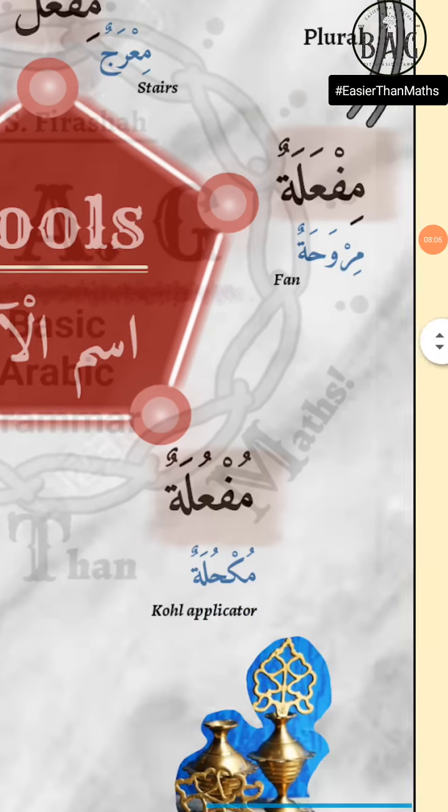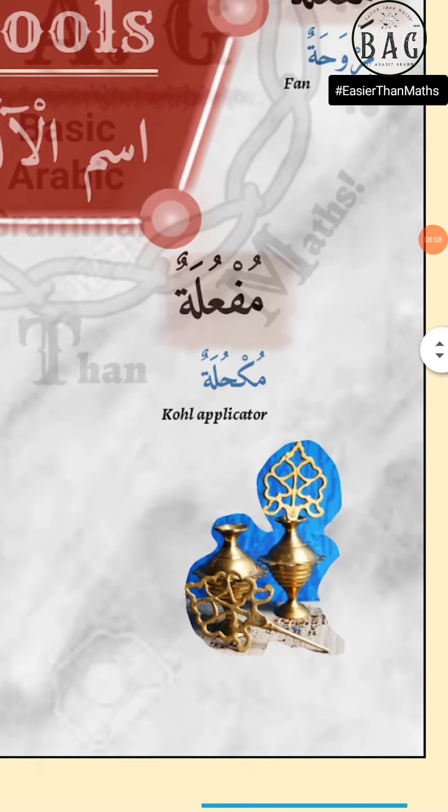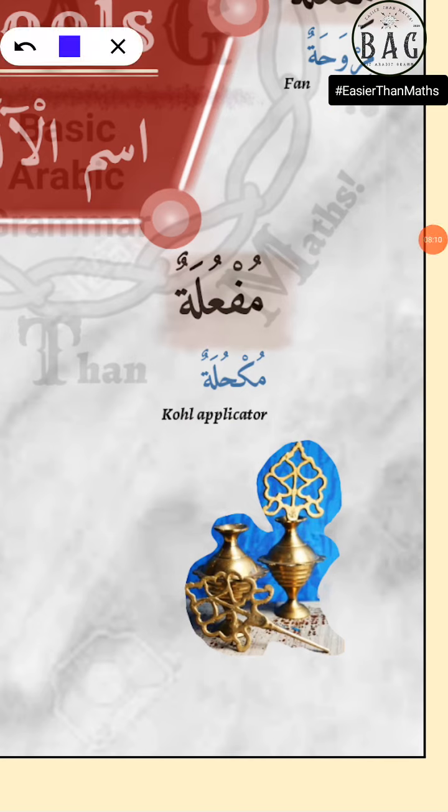The fourth pattern is muf'ulatun, for example, mukhulatun. Now, the root letters, as you can identify from this derivative, are kaf, ha, and lam. Kohl.